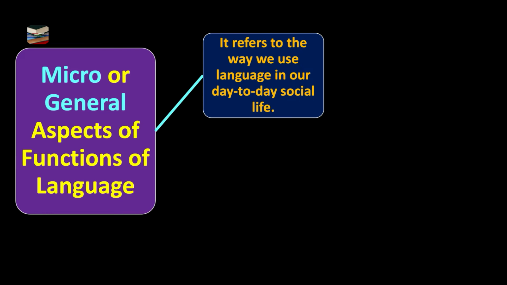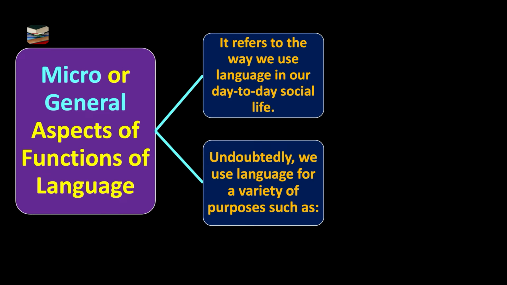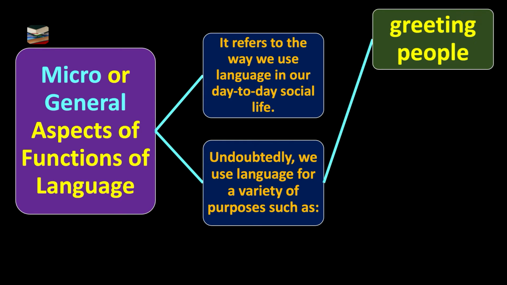Okay, now we move on to the idea of what the micro or general aspects of functions of language are. It refers to the way we use language in our day-to-day social life, day-to-day social activities. Undoubtedly, we use language for a variety of purposes in our day-to-day life, such as greeting people.